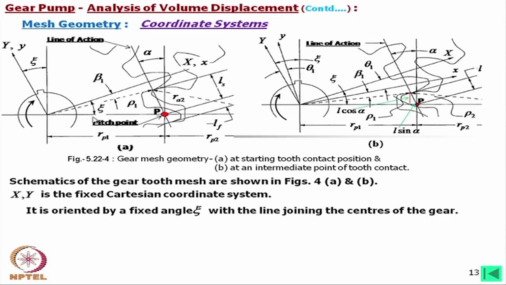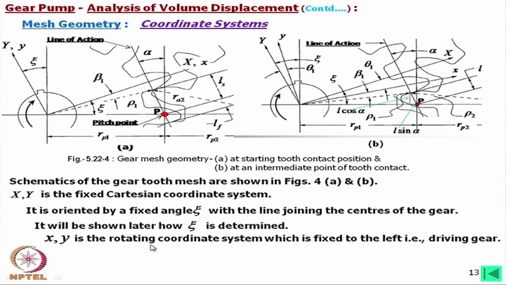Okay. That means, when this first contact point is there, we have taken the axis through the midpoint of this tooth, which is oriented at this angle, and this coordinate system capital X and capital Y is a fixed coordinate. Then we have considered another x y coordinate system. However, this will be determined later, we will show how it can be determined.